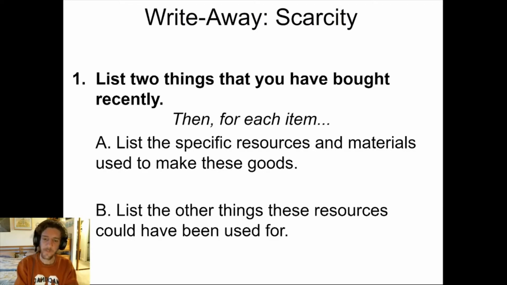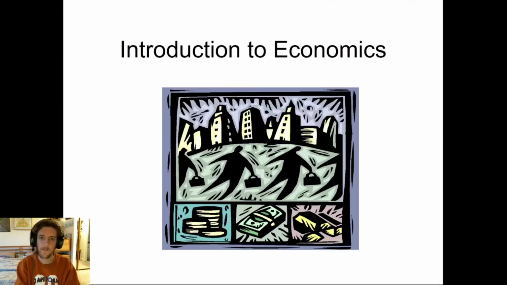So clearly there's something here about the specific amount of resources and materials that go into making something, how that can be applied to different things, and how we make those choices, how we decide what to apply our limited resources and materials to, all comes back to this question of scarcity, which we'll check out in a moment here.